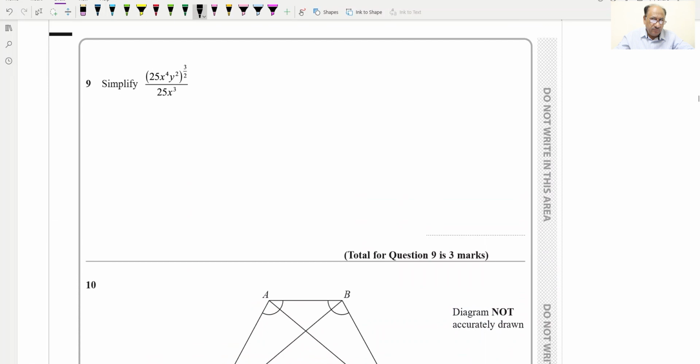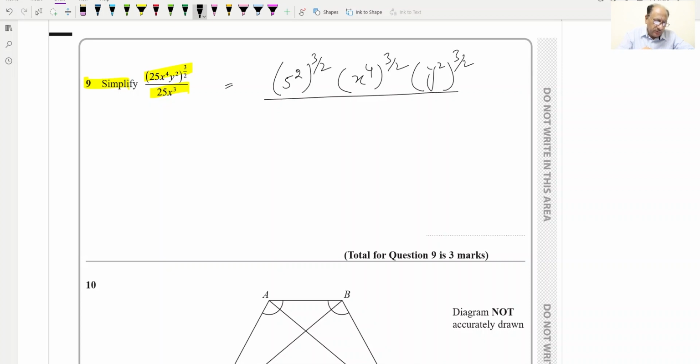Now question 9, we have to simplify this algebraic fraction. Basically this is an indices question, so we can write the power separately for everything. 25 we can write as 5 squared, and the power we can take 3 by 2, and x raised by 4 whole raised by 3 by 2, and y squared whole raised by 3 by 2.